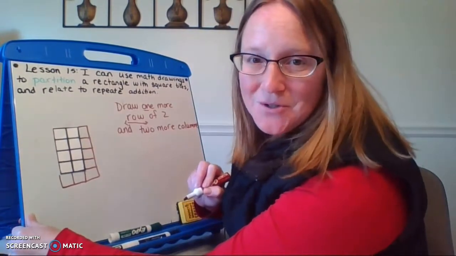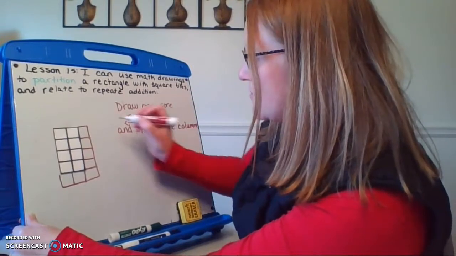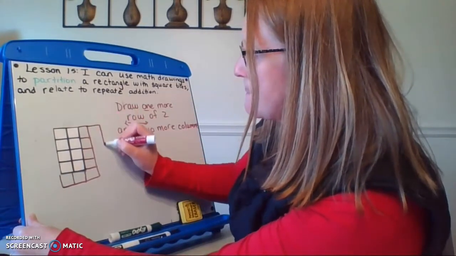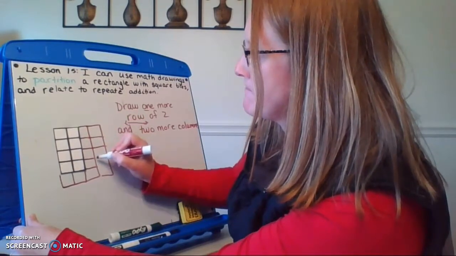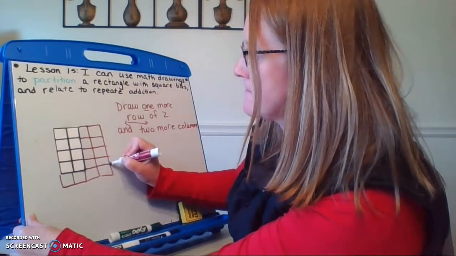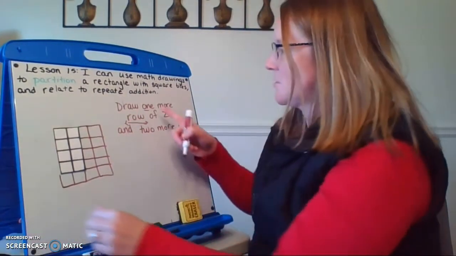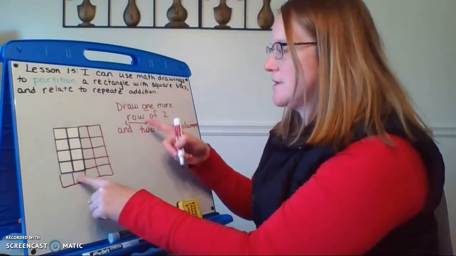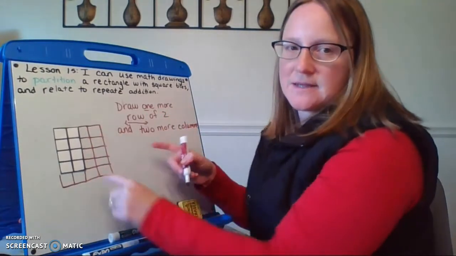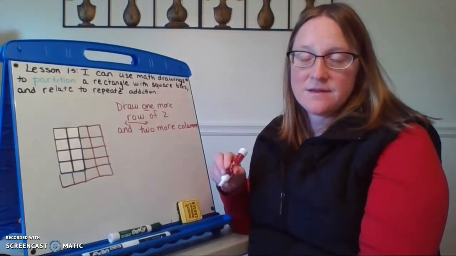Mine are a little bit smaller. And now I'm going to draw my second column. Okay, so I had to draw one more row of 2 and 2 more columns to make a new array.